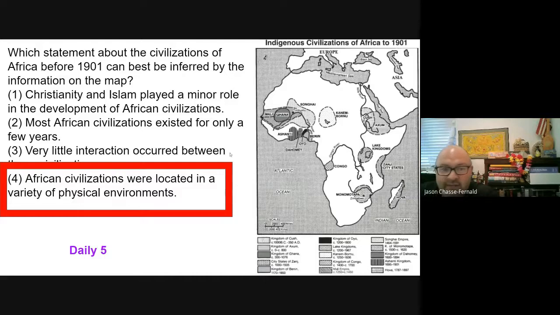With some additional knowledge, you probably would have known that this is the Sahara Desert, which reinforces that correct answer. The Kalahari Desert, the Namib Desert, and a very dense rainforest in here are all pushing you to number 4.